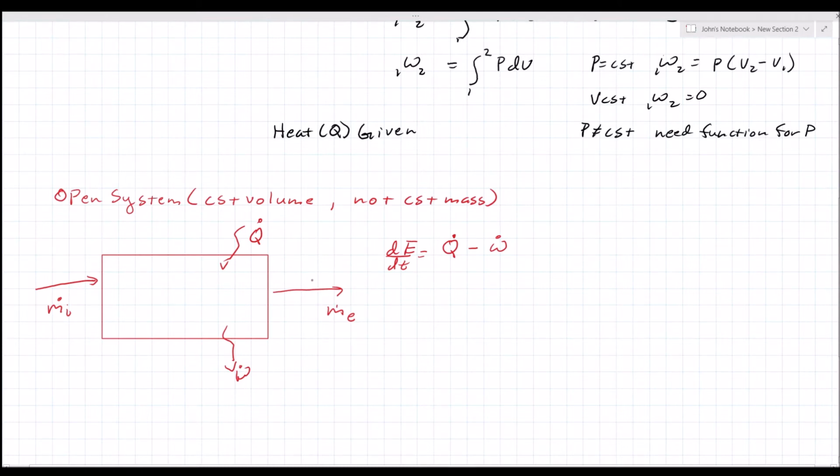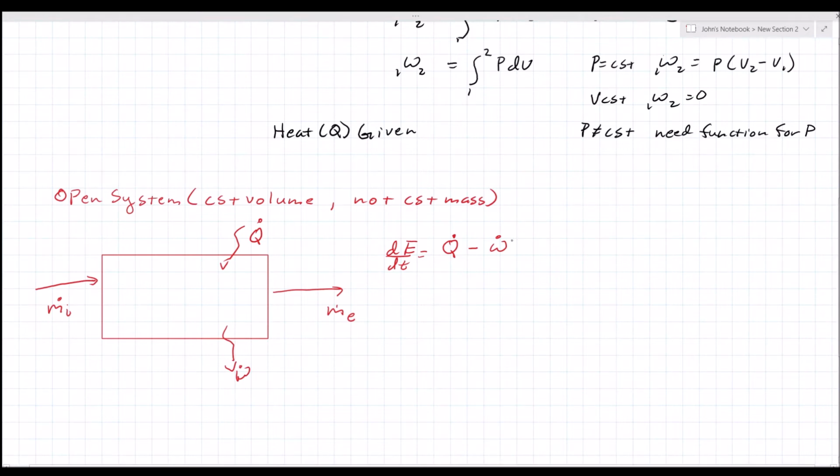Now, what happens with the mass flow rates? When mass is flowing into the system, it has some sort of energy that it brings with it. And when mass leaves the system, it has some sort of energy that it takes with it. How do you quantify that?